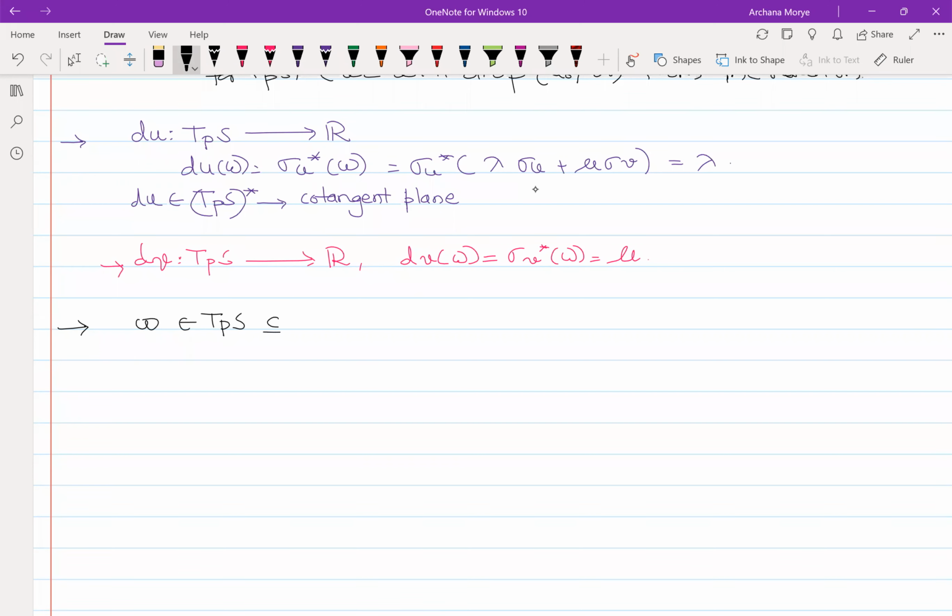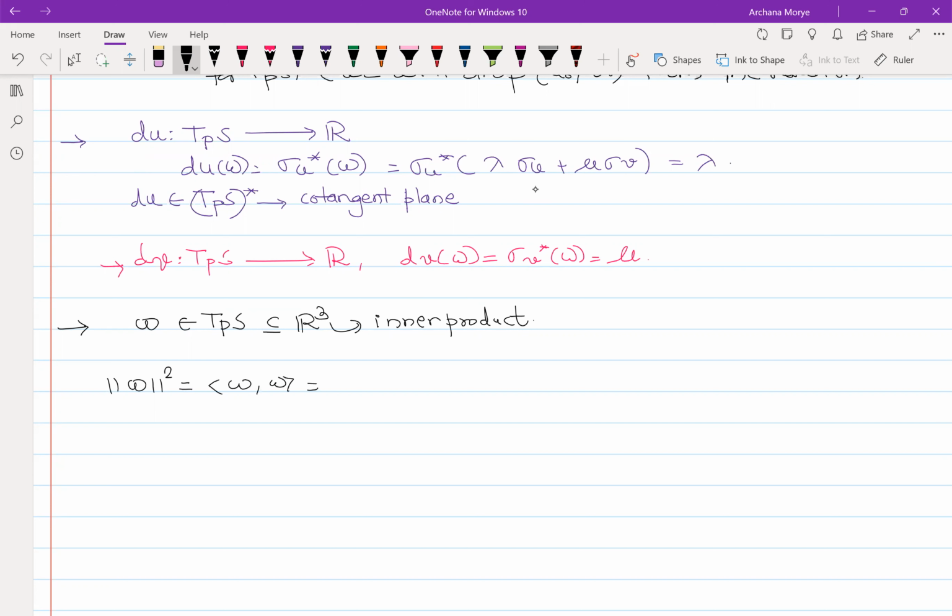It is a plane inside R3, right? And on R3 we have the usual standard inner product. That's what I'm talking about. So now, what will be the norm of W squared? Inner product of W with W.